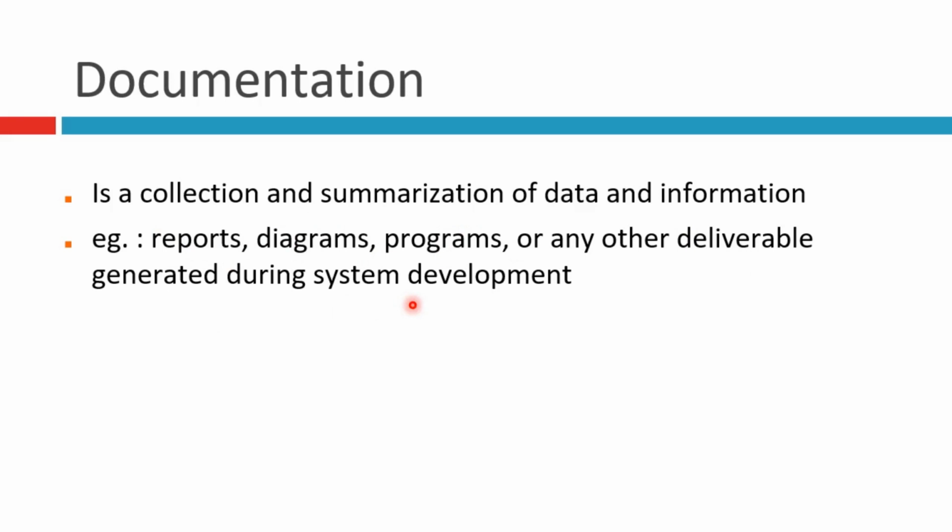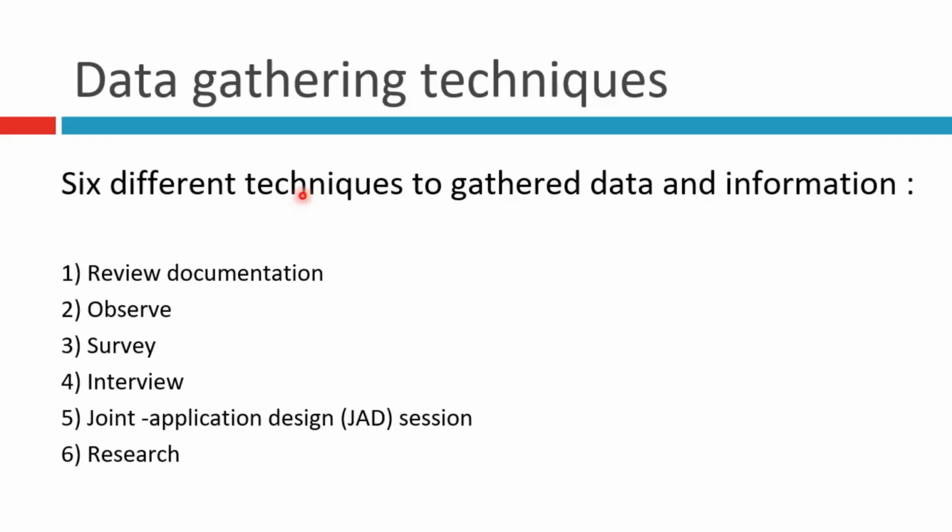Anything in the form of a report, diagram, or writing that can be used as documentation or submitted to report your progress, the progress of your system. Okay, so this is very important.